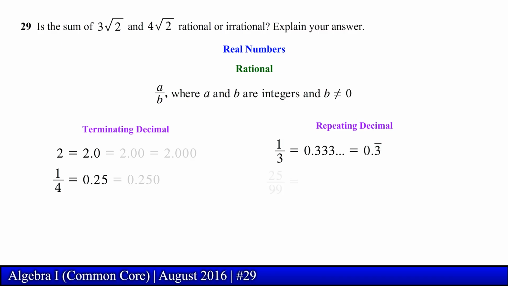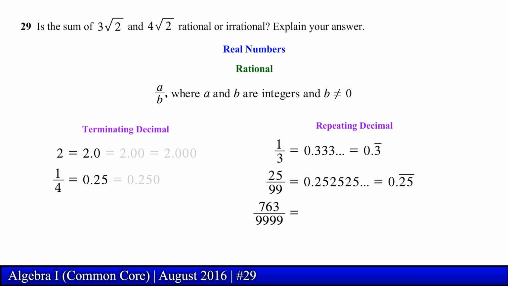At times, certain rational numbers have more than one digit that repeats in its decimal representation. For example, the rational number 25/99 has a decimal representation equal to 0.252525, and so on. So we would draw a bar on top of the first repeating digits, in this case 25, since these are the digits that repeat.